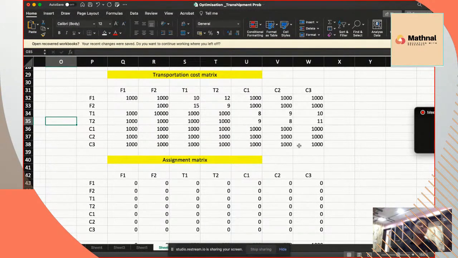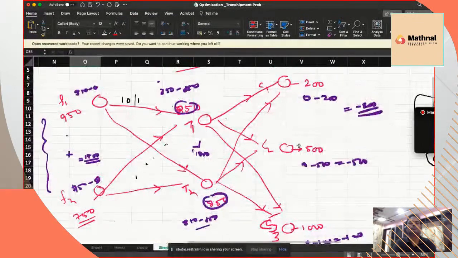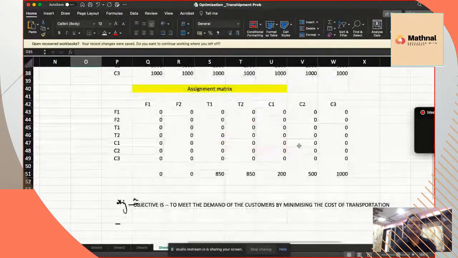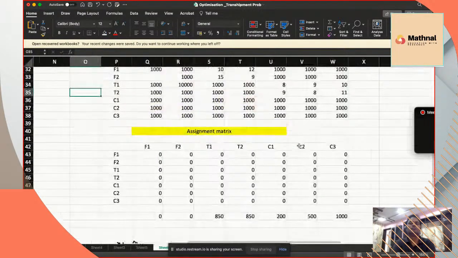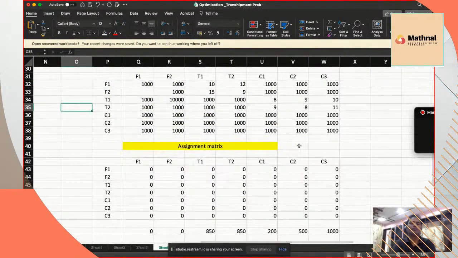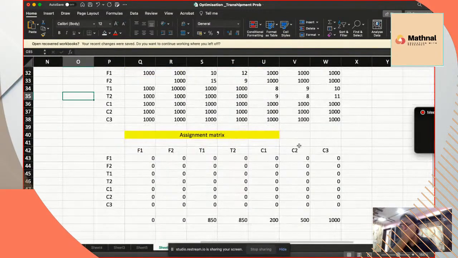To meet the demand of the customers by minimizing the cost of the transportation. This is the objective. Is it clear? Right. Now, what is the constraint?